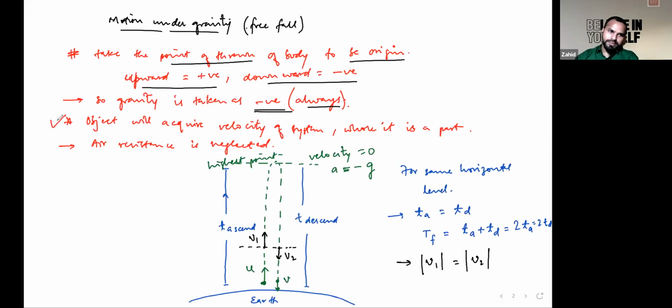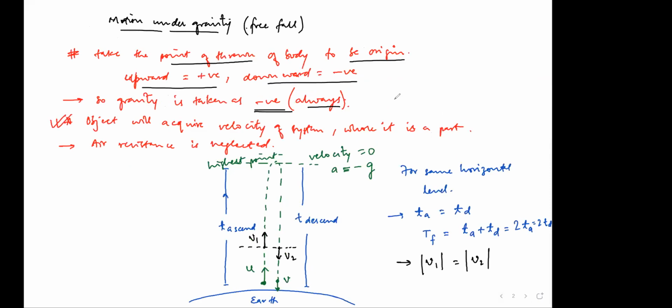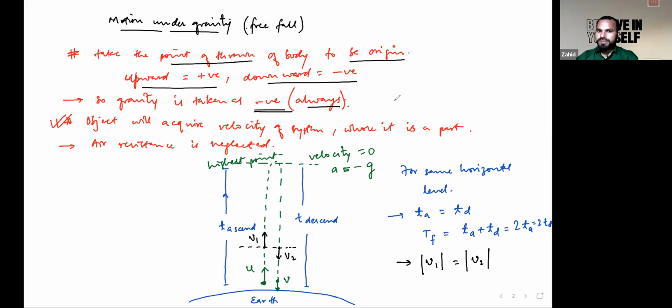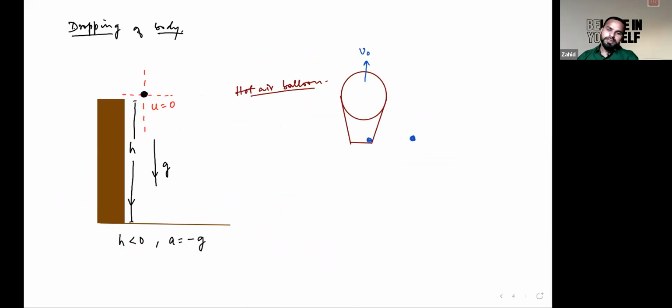Just read out this statement. An object will always acquire the velocity of the system of which it is a part. So this object is initially a part of this hot air balloon, which is ascending upward at this much velocity.